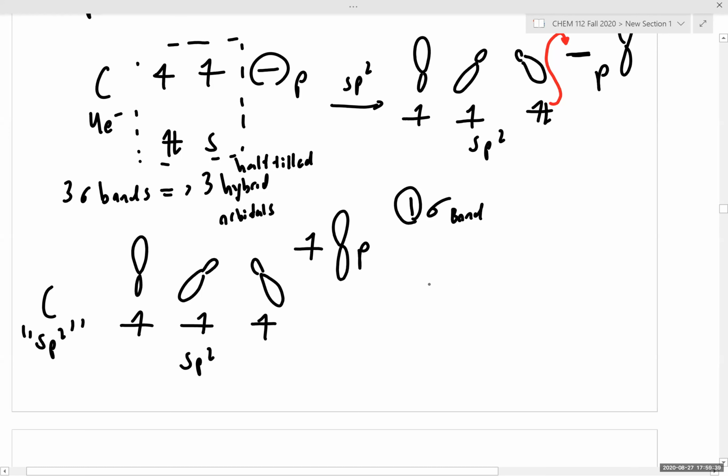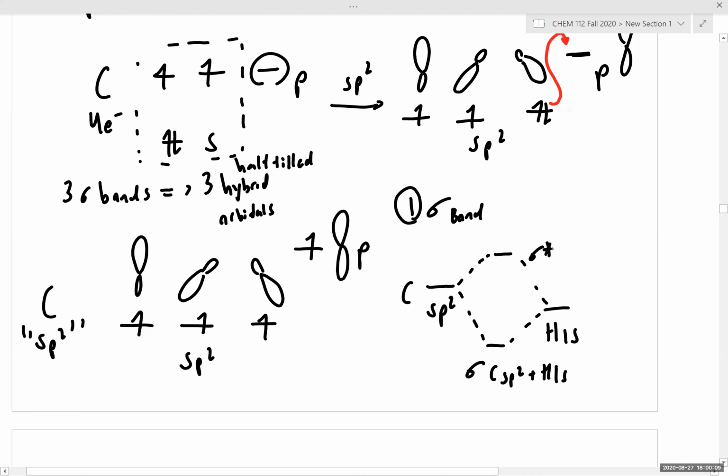That involves the overlap, in this example, of a carbon sp2 orbital with a hydrogen 1s orbital. That in turn generates a sigma bonding orbital between a carbon sp2 and a hydrogen 1s orbital, and we also generate an anti-bonding orbital.